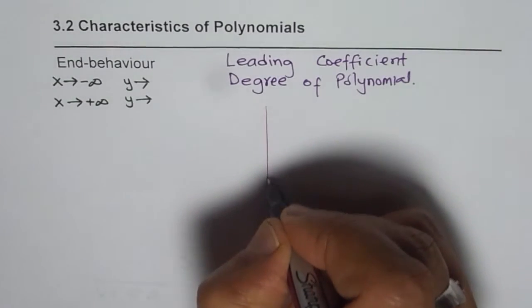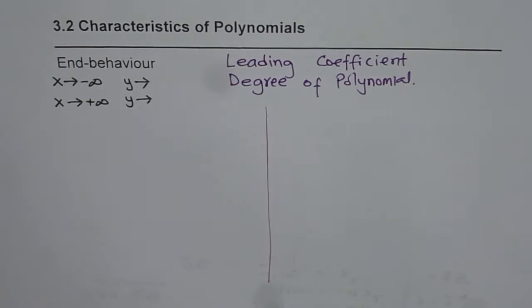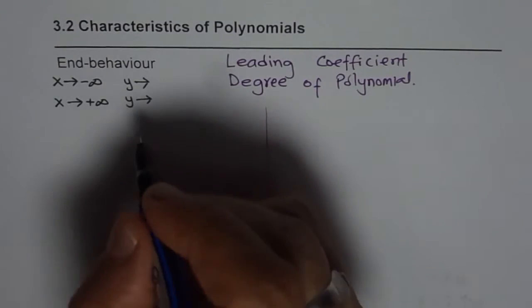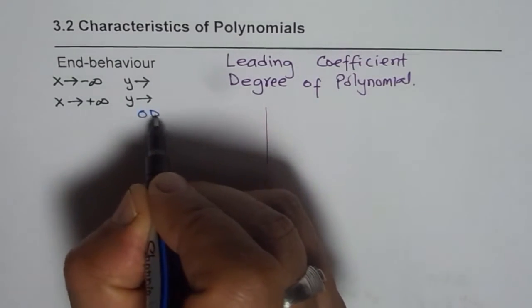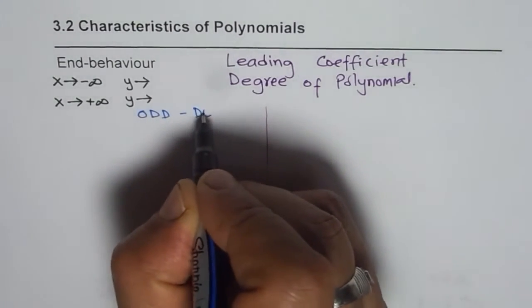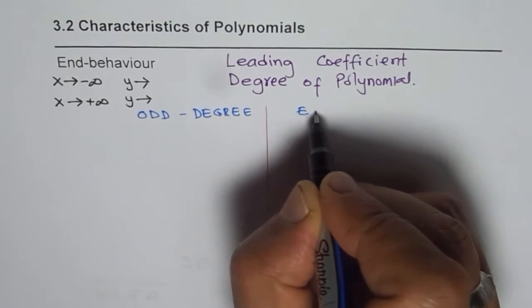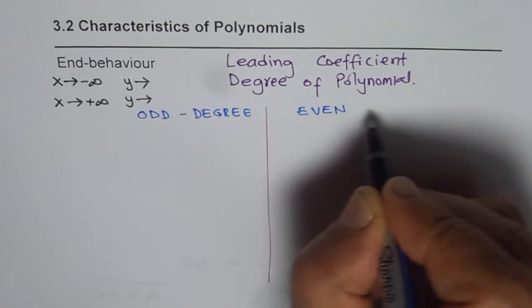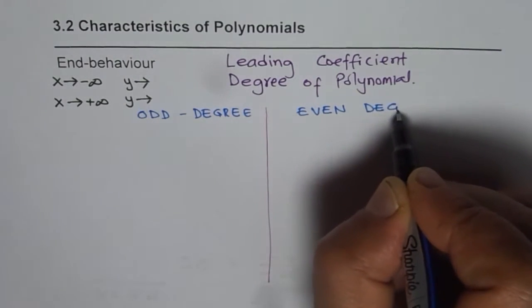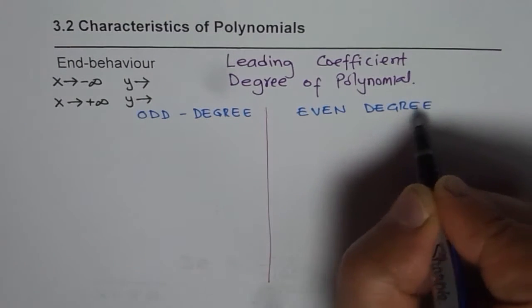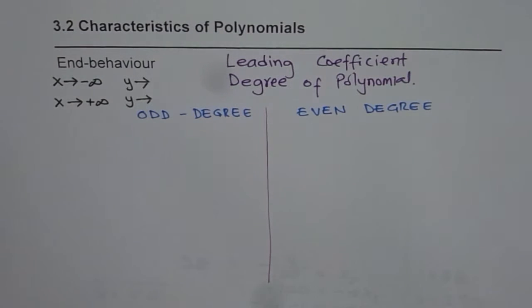So we'll divide this page into two parts and we'll discuss both one by one. On one side, let us take odd degree. And on the other side, we will consider even degree polynomial. Even degree for us will be like 2, 4, 6, 8, odd degrees like 1, 3, 5, 7 and so on, correct?